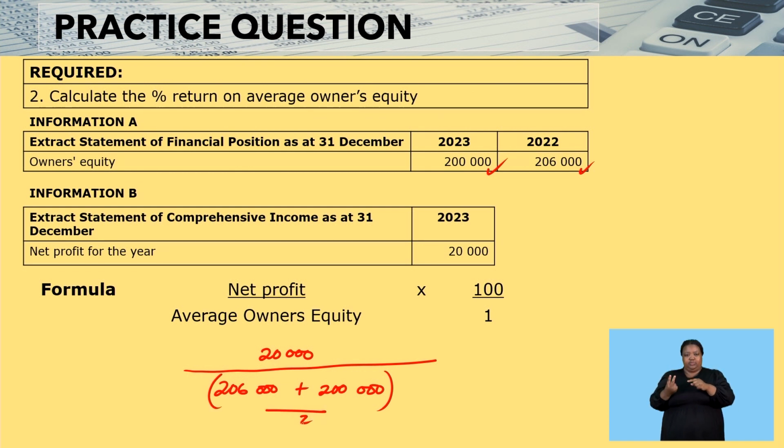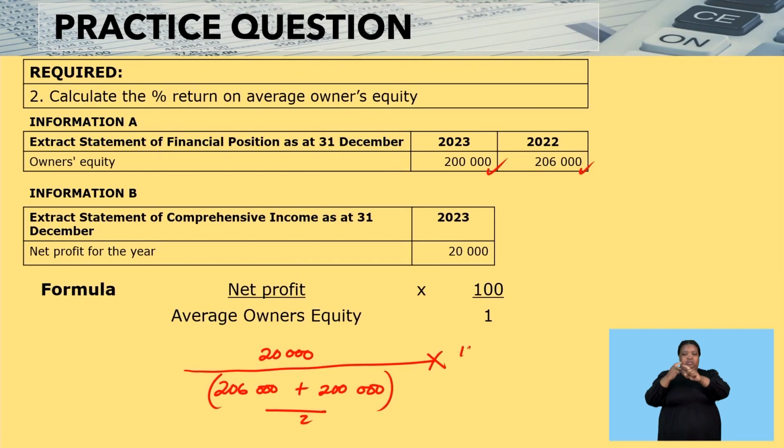Some of you would multiply by half, still very correct. Then I multiply everything by 100/1. It is very important that you solve this bottom part. I would encourage you to solve that bottom part first. So you would end up with your 20,000 divided by 203,000.